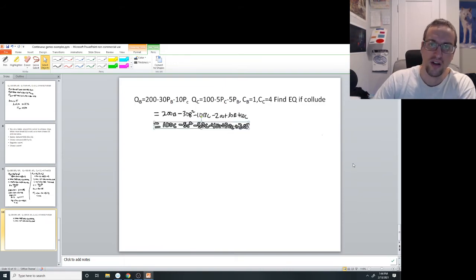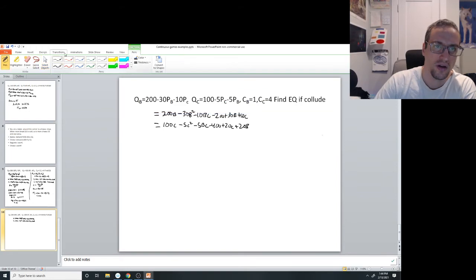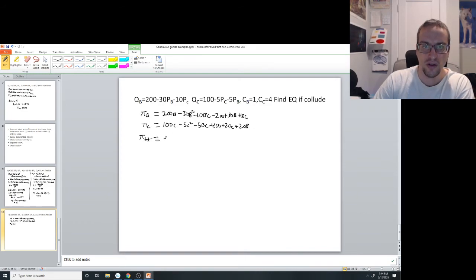So again, if I want profit total, I've got profit B, profit C, so profit total equals negative 30B squared minus 5C squared minus 15BC plus all of my B terms, 230 plus 20, so 250B, all my C terms, negative 10C, is it 10?